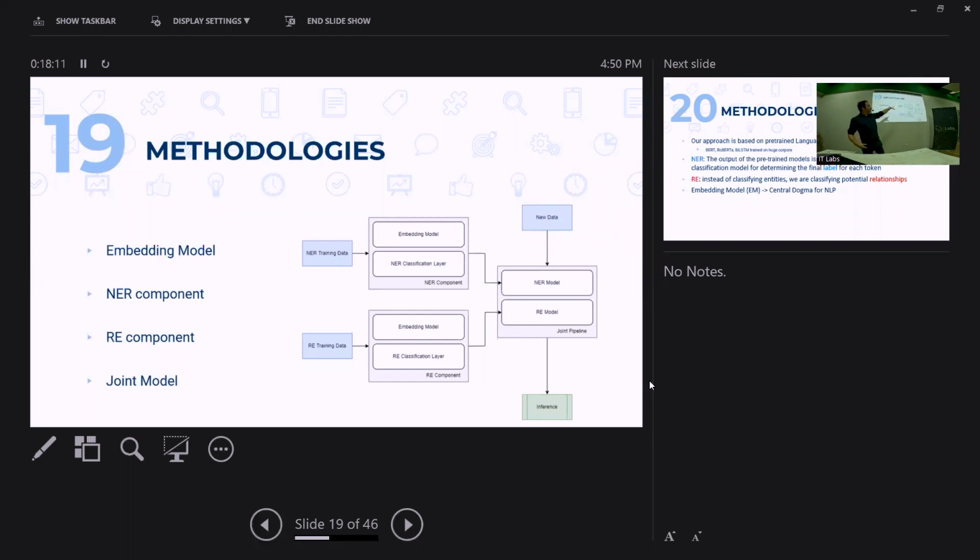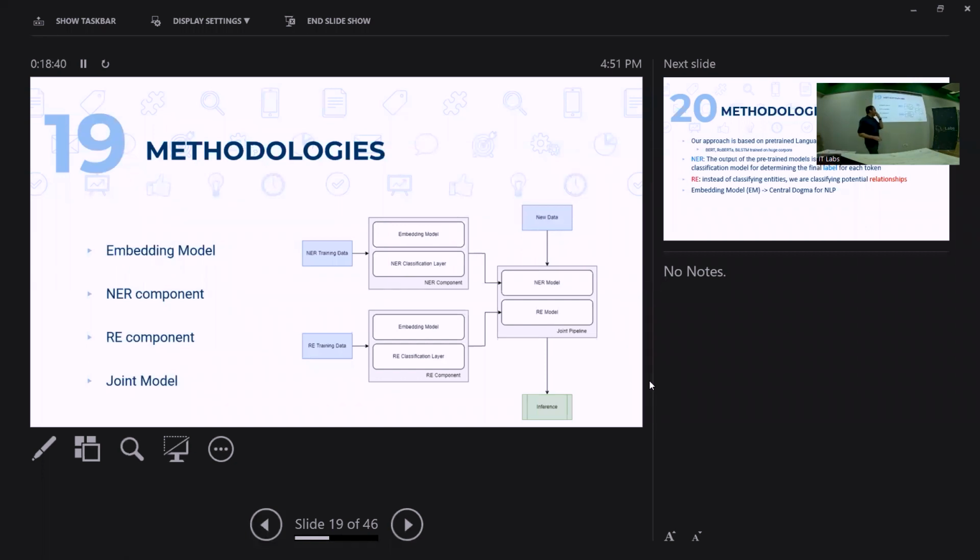We use this embedding model in both components, the NER component and the RE component, and we have a classification layer on top that uses the vectors from the embedding layer. Using this and the training datasets, we generated the two models, the NER and RE models, and use both of them when new data comes in, to run inference on the new data.